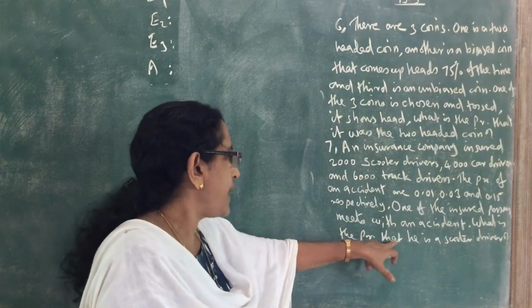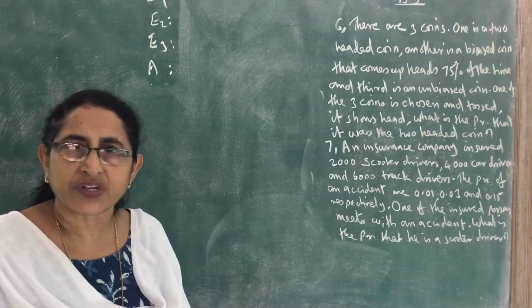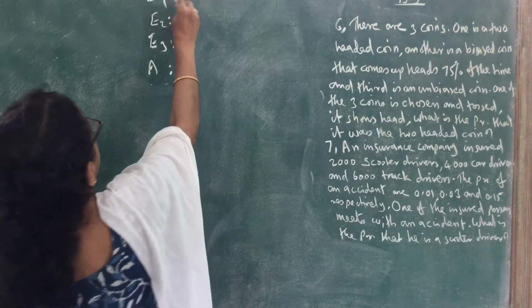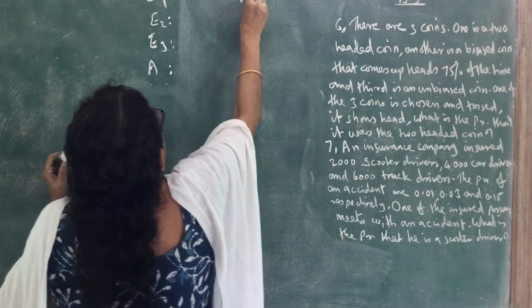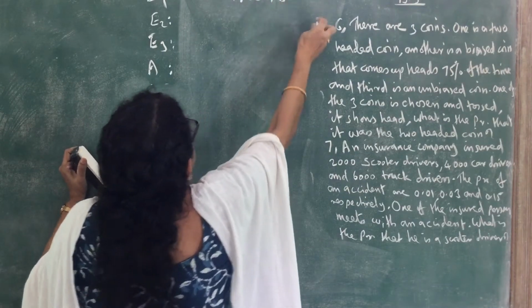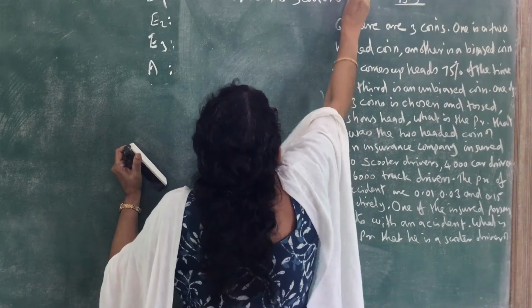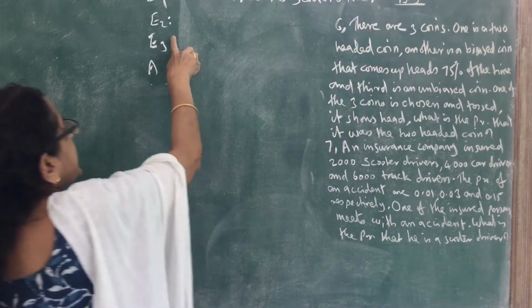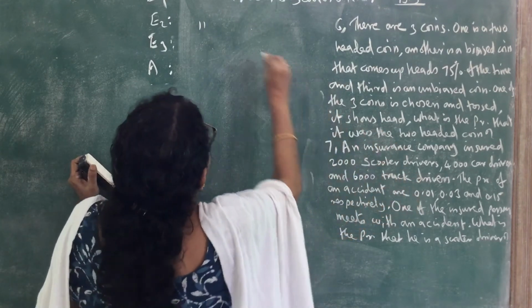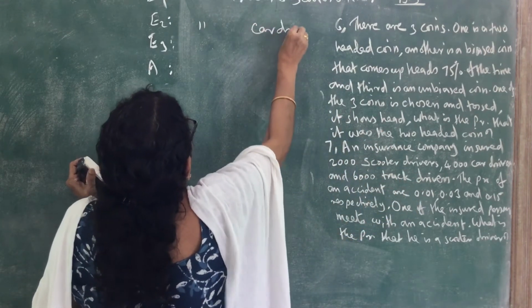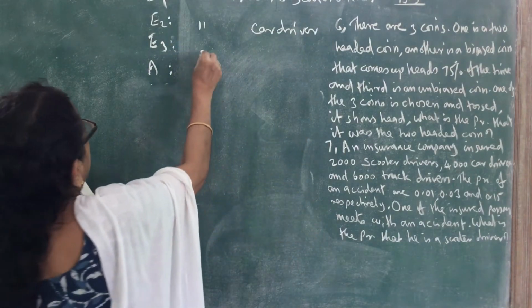So E1 is the insured person is a scooter driver, and E2 we can take insured person is a car driver, and E3 we can take truck driver.